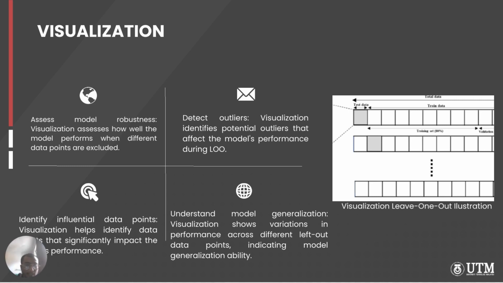And moving on, the other is to identify the influential data points, which helps the visualization identify the data points that significantly impact the model's performance, such as you can see in other types of cross-validation. It shows the accuracy and precision of the model's performance.